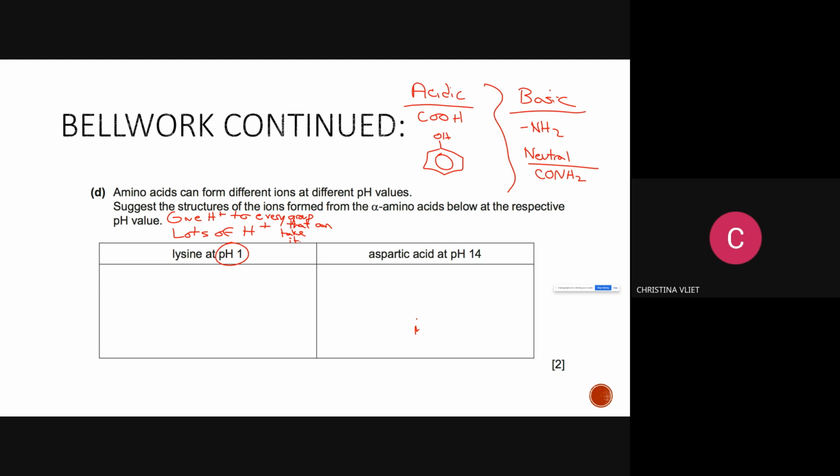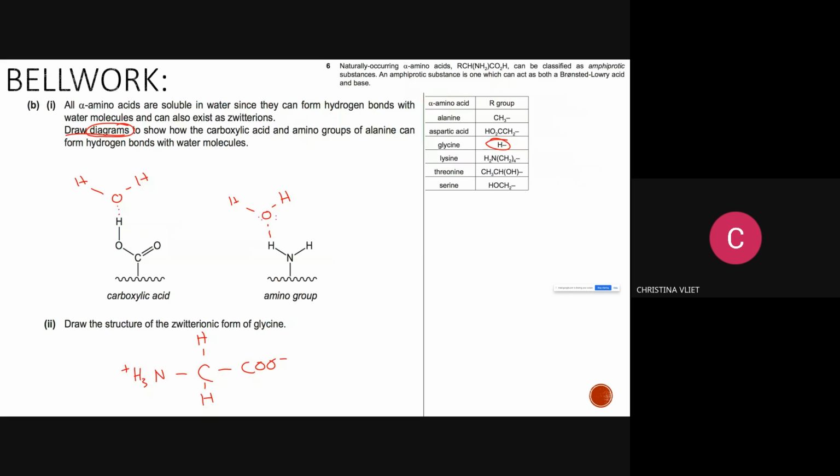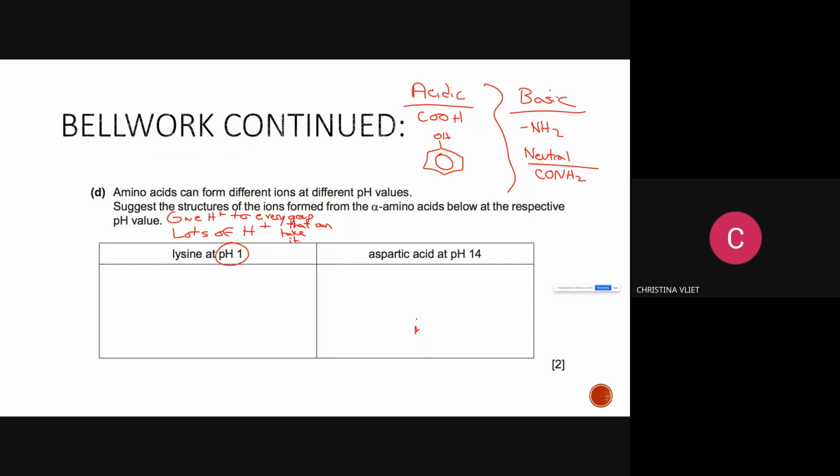And so for lysine, lysine has amine. So that means at a pH of 1, what does that mean? The carboxylic would get its hydrogen. The amine group here gets its hydrogen. That's just a hydrogen. And then for lysine, which is 4 carbons and an amine at the end, right?